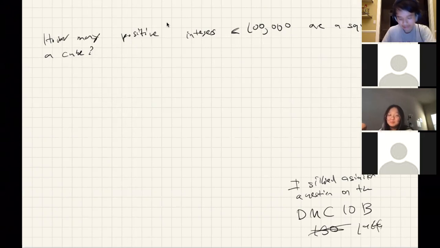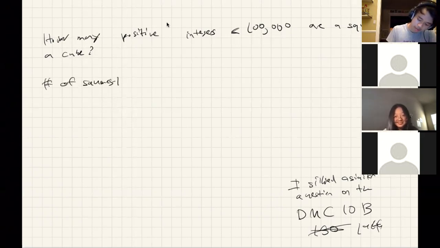But anyways, these problems are very easy to silly, because one thing that you may be inclined to do is just count the number of squares plus the number of cubes. And that's what I did, and I got the wrong answer.